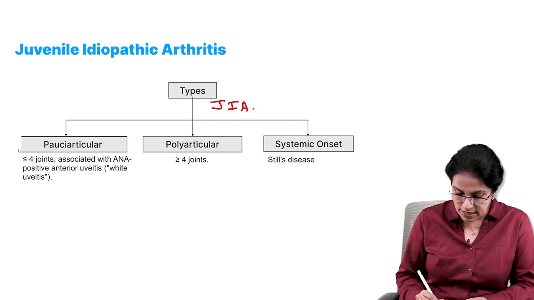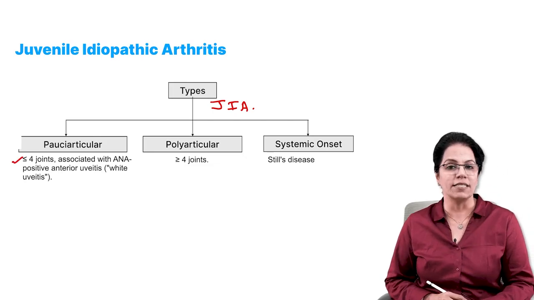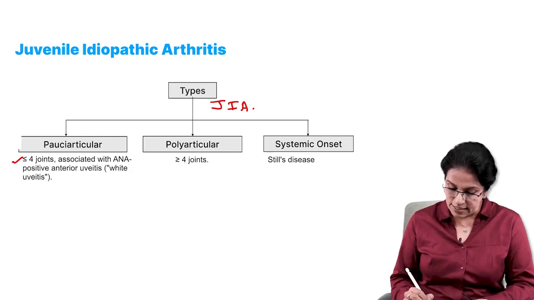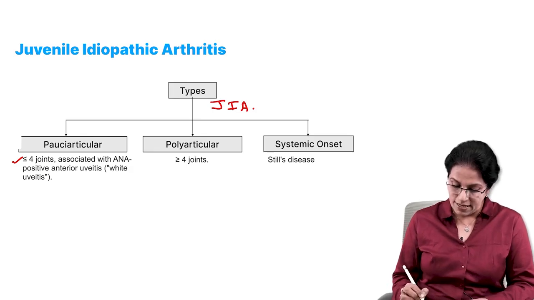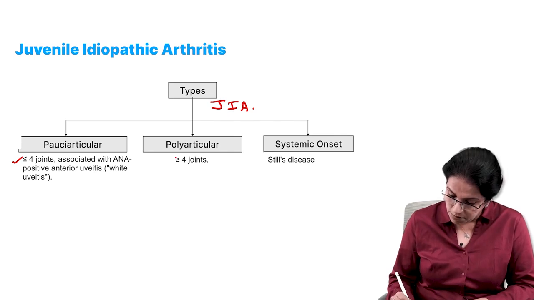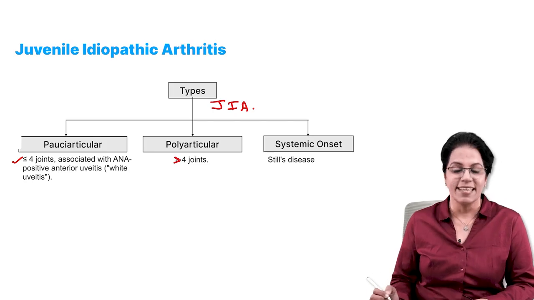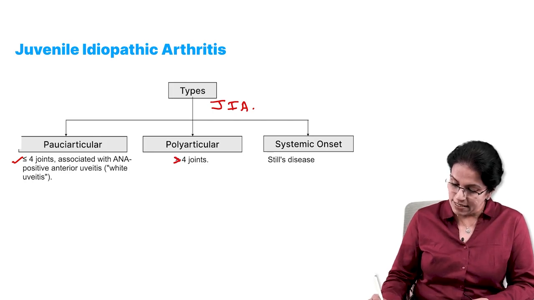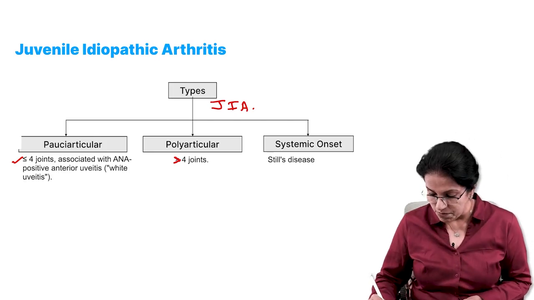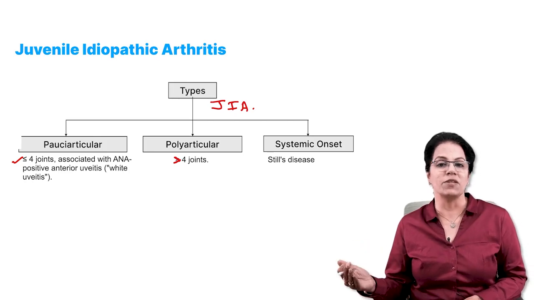So, pauci is less than or equal to 4 joints. So, 4 joints or less is pauci-articular, number 1. Number 2, polyarticular is more than 4 joints. And systemic onset, this is also called Still's disease. Here the problem starts with systemic features.